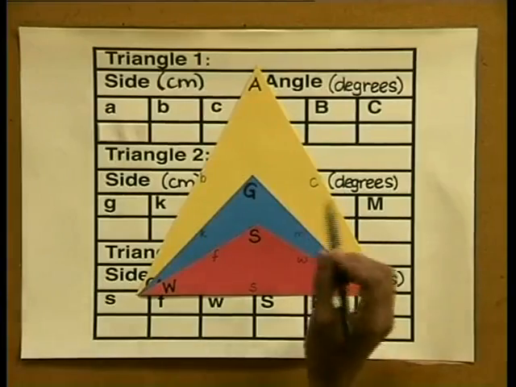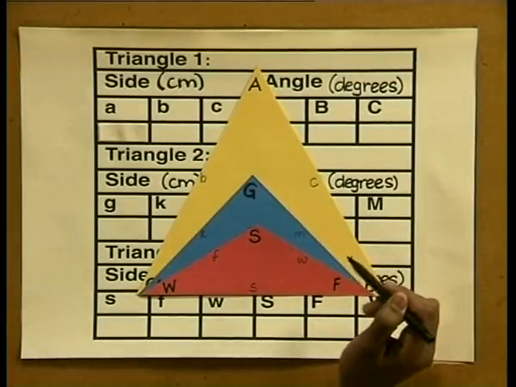Do you think that these angles will remain equal to one another if we change the lengths of the equal sides? Let's measure the angles in a few examples of isosceles triangles and see if we can find an answer to our question. Here I have three triangle cutouts of isosceles triangles.